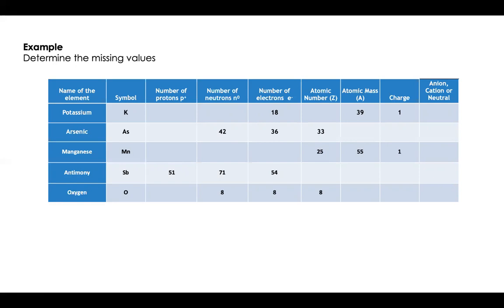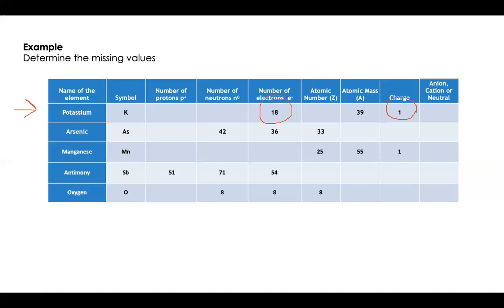So let's look at the first one. We have potassium, okay? Potassium has a symbol K, okay? In this case, we have a charge of 1. So we have the number of electrons.